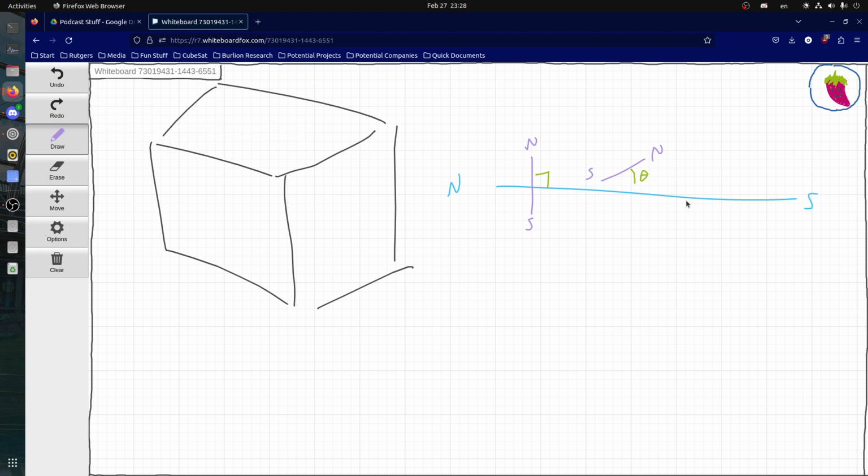Versus if you're completely aligned, say north here, south here, there is no torque. The reason you would continue spinning is because of your inertia, not really your torque. And then when you're the other way, say north here, south here, your torque is again limited by this angle theta.